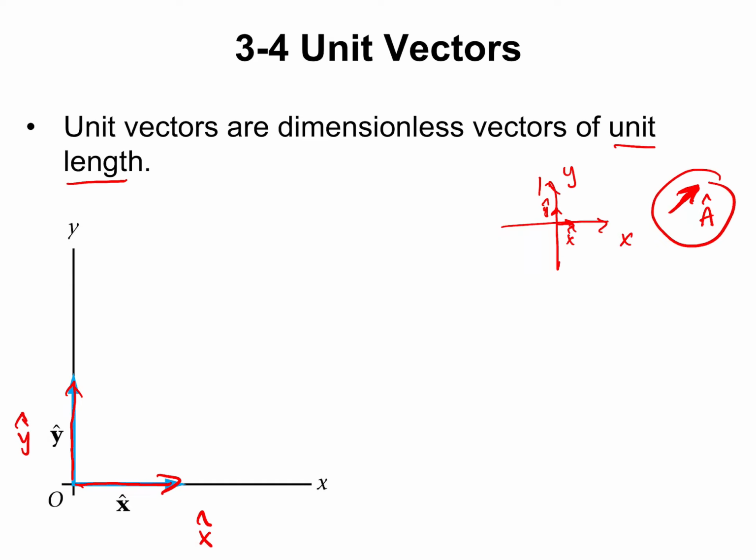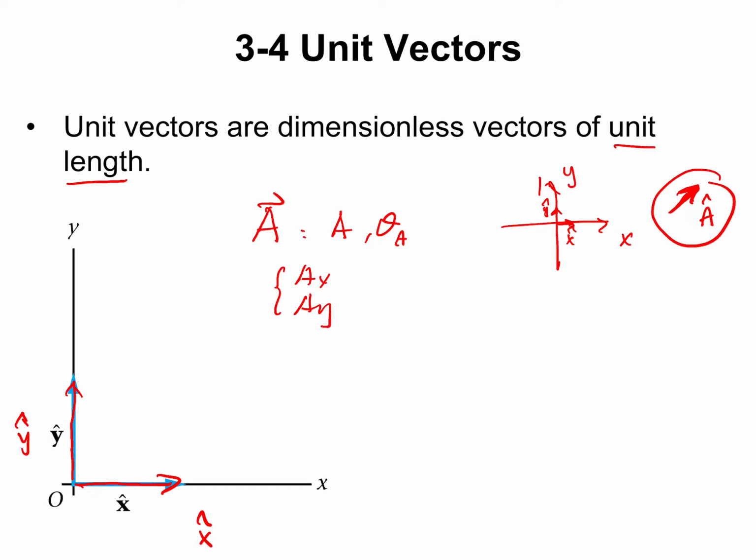So now we can describe the vector by using the unit vector. We know A: you can use magnitude and direction, or we can use ax, ay to tell this vector.